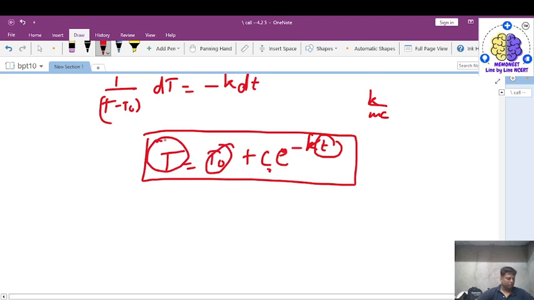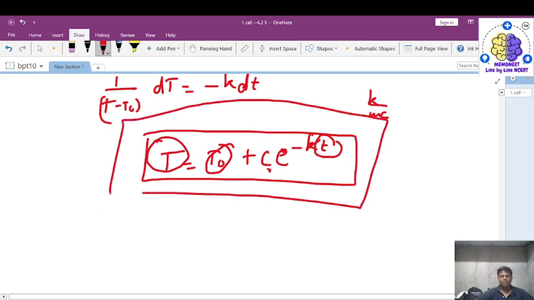This expression gives you how the temperature is lost by the body.